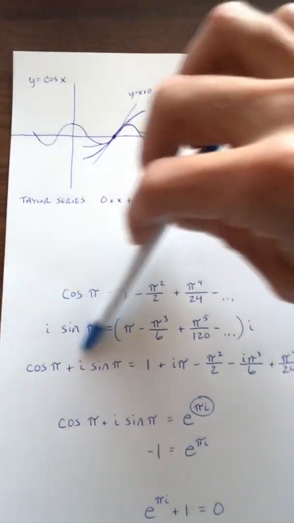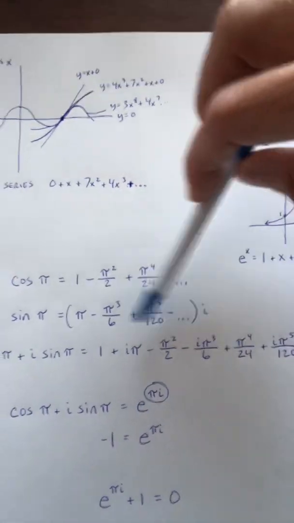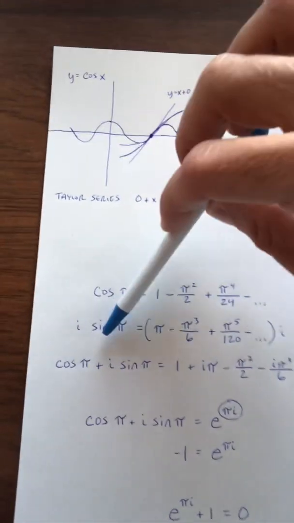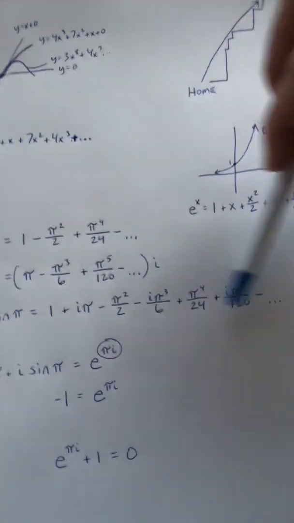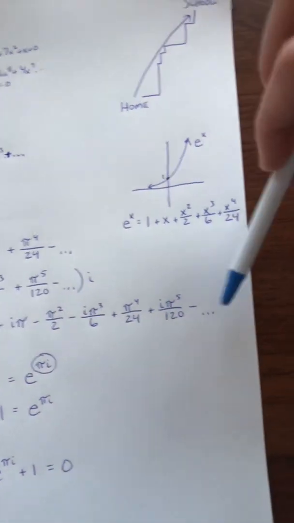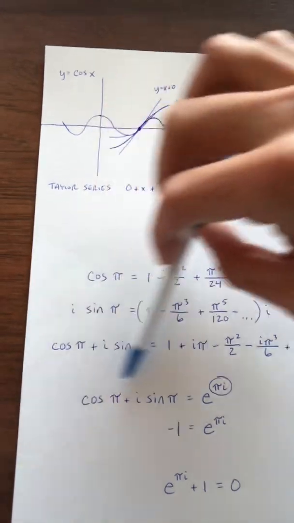Similarly, you can do the same thing with sine, and you can find that this Taylor series is an approximation of sine. If you add the two together, you get this huge, long set of points that you can calculate that will be the same as this side of the equation here.